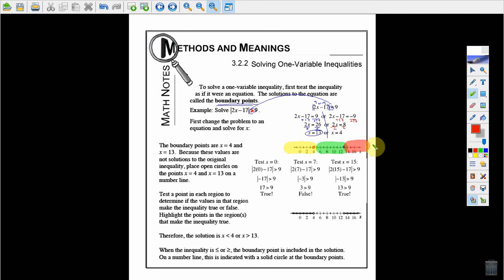The first thing that we've tested is x equal to 0, which would be in the yellow region there, to the left of both of our boundary points. And we find that that is true.